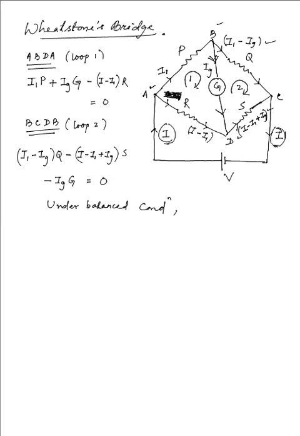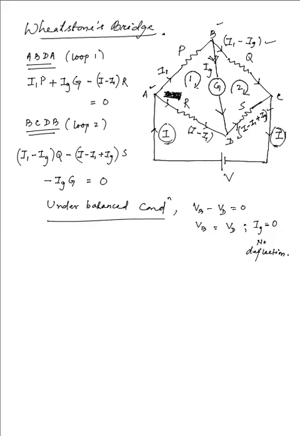So that means VB minus VD will be 0 in this case. That means VB will have the same potential as that of D. The points B and D will remain at the same potential, which will obviously give the current across the galvanometer to be 0, and hence no deflection of the galvanometer, no deflection of the pointer, which means it is steady, or it is in balanced condition.